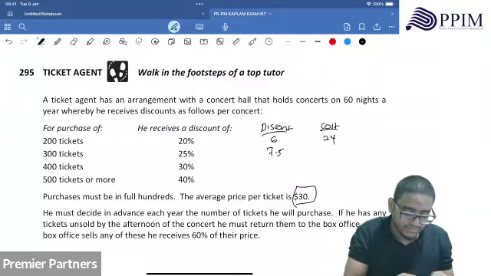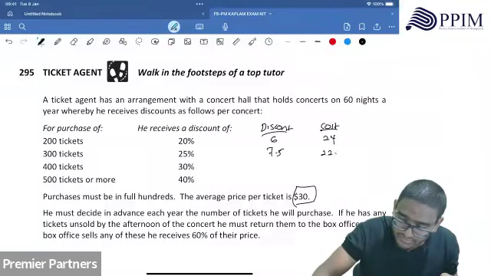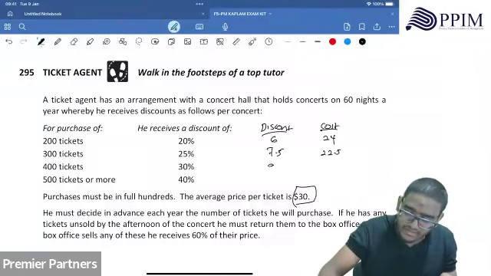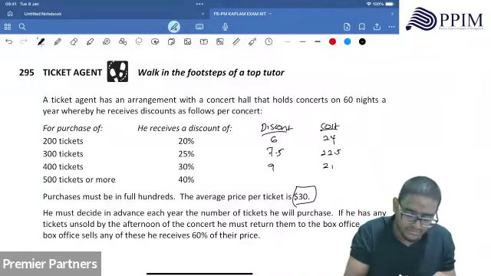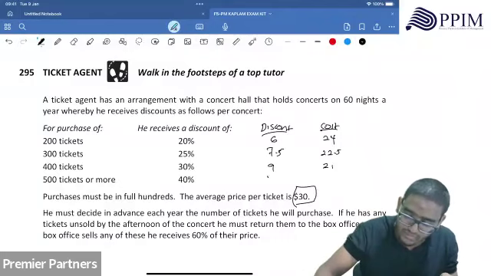So 30 minus 7.5 is 22.5. Then 30% of 30 is 9, which is 21. And 40% would give you 12, which is 18. Correct?